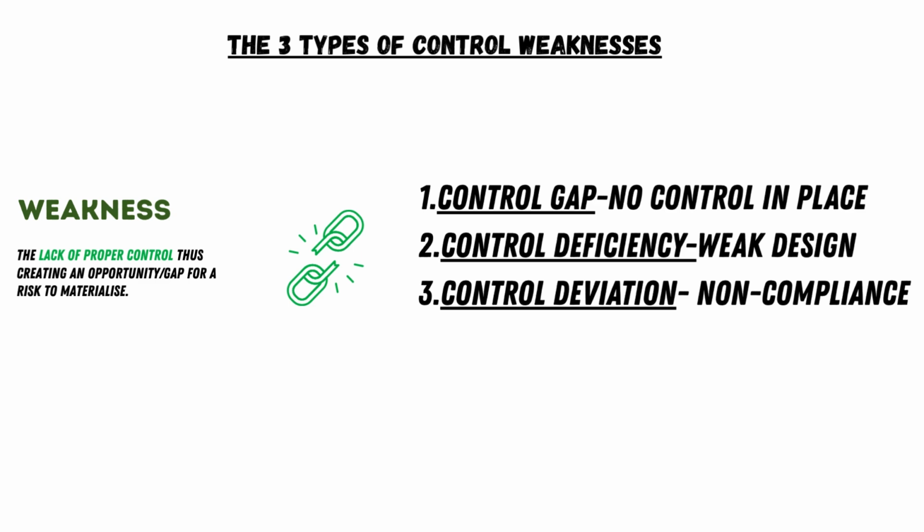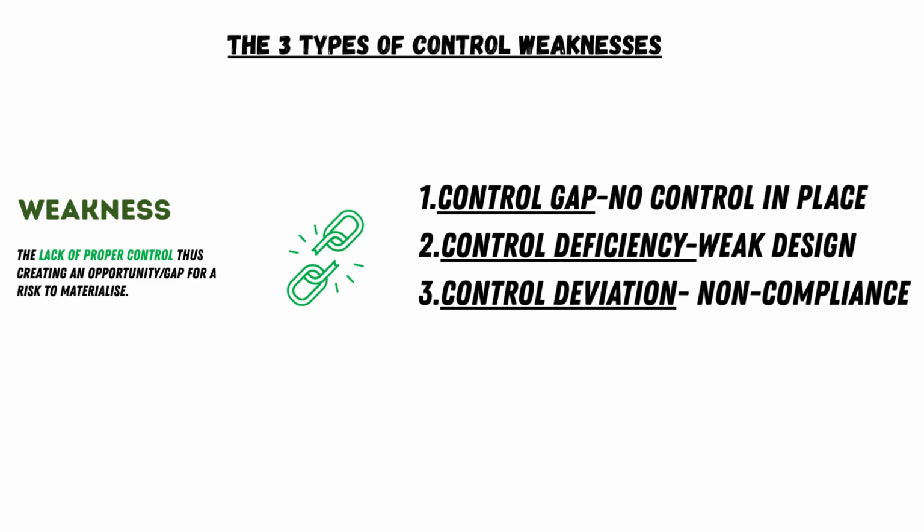But at times you can have an internal control in place, but that internal control has what we call a control deficiency, which means it's not well designed. There is a weakness in the design of that internal control. And lastly, you can have a control deviation, where you have a control in place. This control is well designed, but it's just not working as intended.